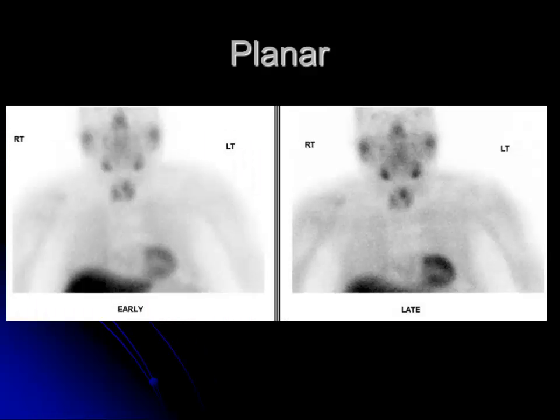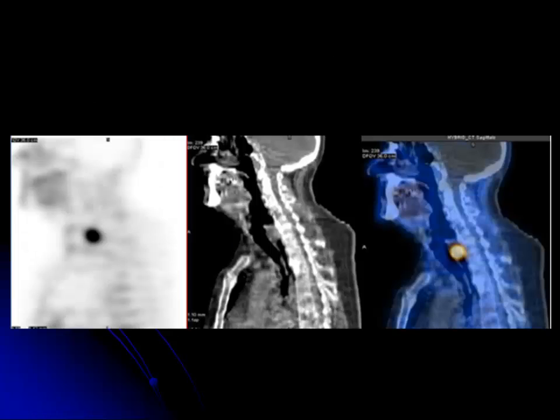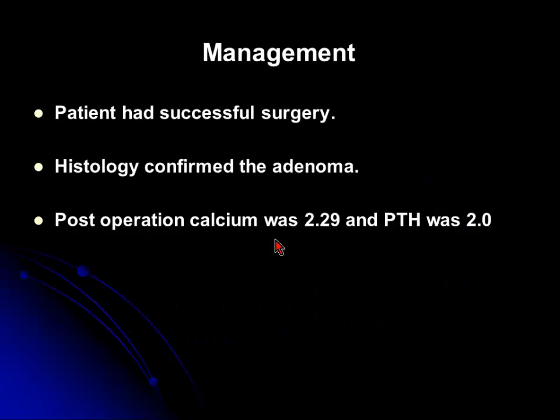If you look at this, you would have said this is probably in the isthmus. It's very difficult to show exactly where the anatomical site would be, and this was an ectopic gland, posterior, in the tracheo-esophageal groove. The patient had successful surgery, adenoma was confirmed on histology, and postoperative biochemical markers returned to normal.